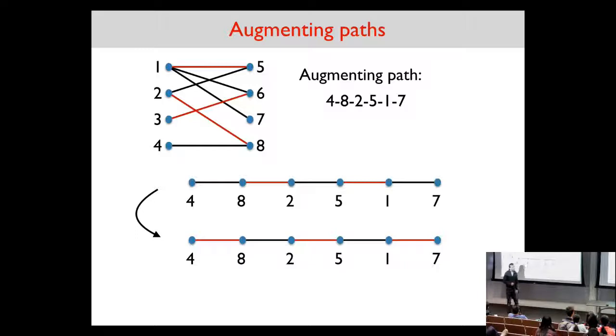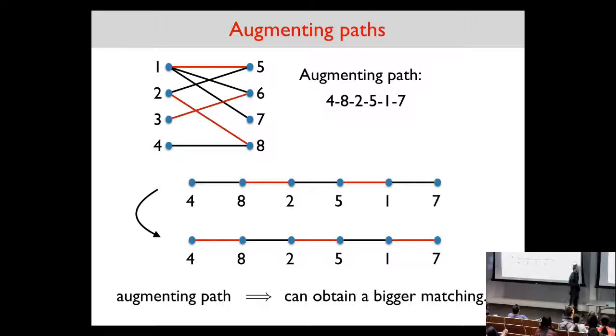And now it's nice, because you got a matching which has one more edge in it, right? So an augmenting path implies that we could obtain a bigger matching. And this is a valid matching because, by the definition of an augmenting path, this vertex was not next to another red edge, and similarly for that one. So this is totally valid.